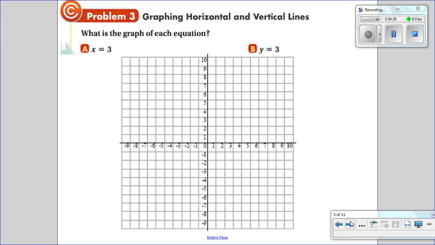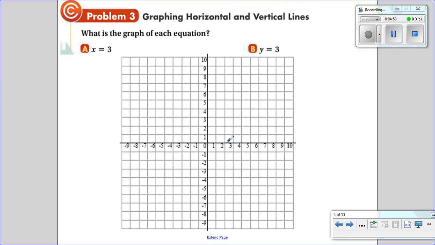Now, what happens when you are left with equations that just have an x or just have a y? So if you think back, we covered this in our first couple of chapters when we made our little t-charts. So what happens when x equals 3? That means x equals 3 all the time. Okay? So you can pick absolutely any point on y, or let y represent any coordinate, and x will be 3.